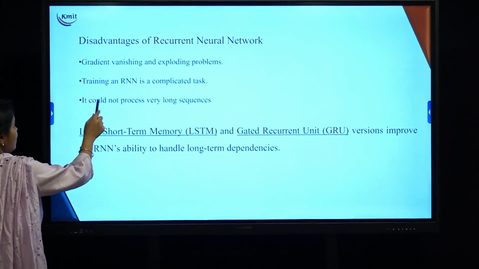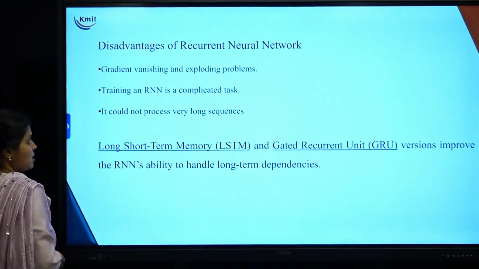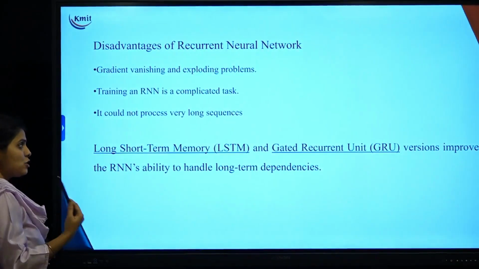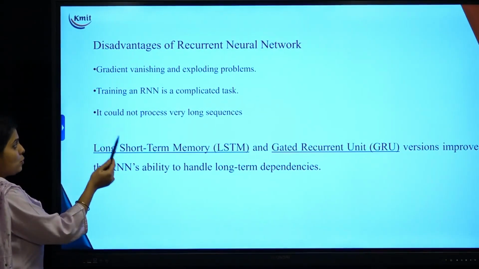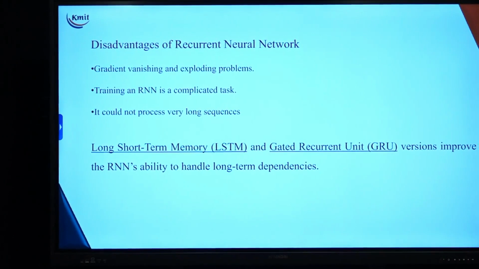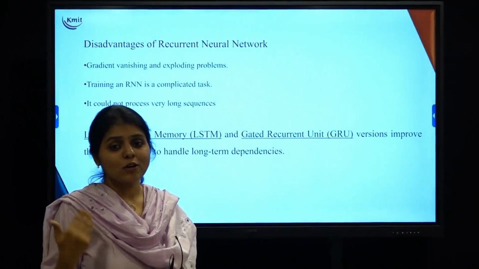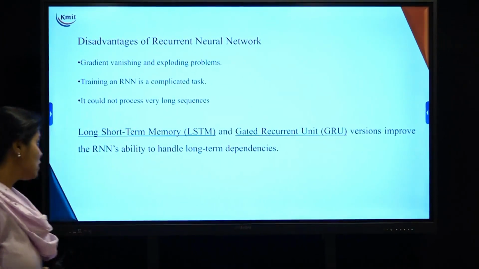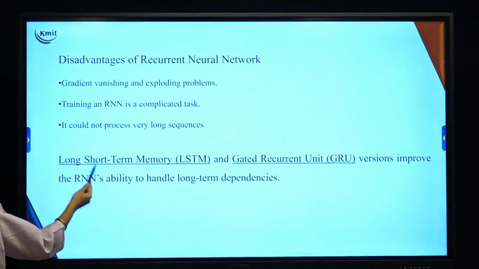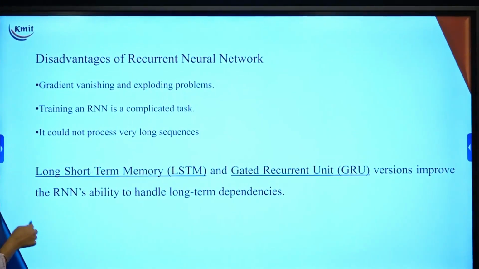Training an RNN is a complicated task, because processing natural language is not an easy task, and it cannot process very long sequences. The basic or simple RNN architecture cannot process lengthier sequences, for which we go for other alternatives called LSTM and GRUs, which are our next topic.